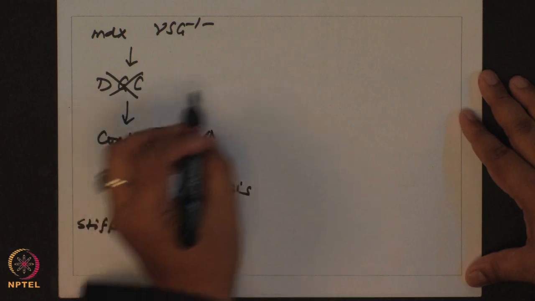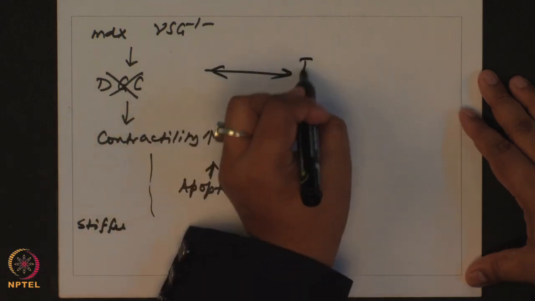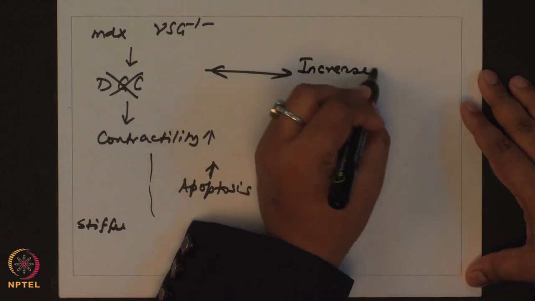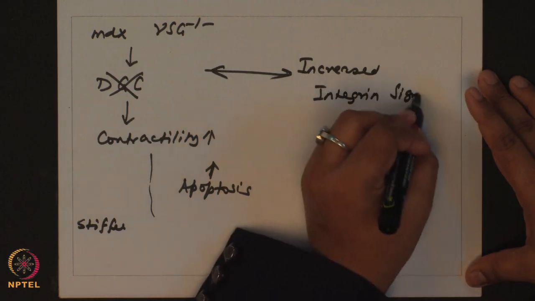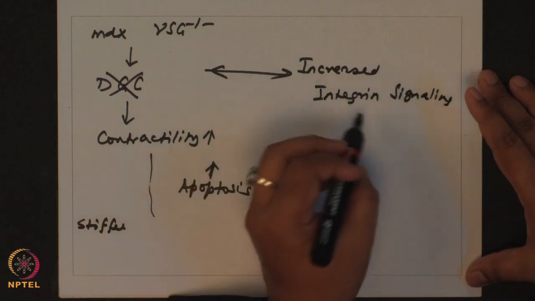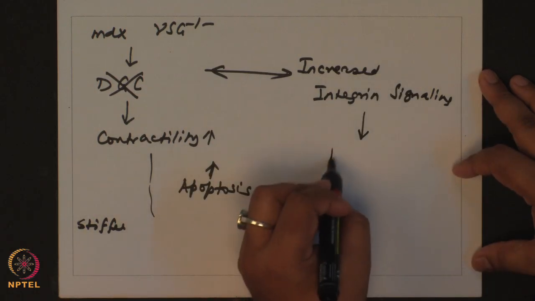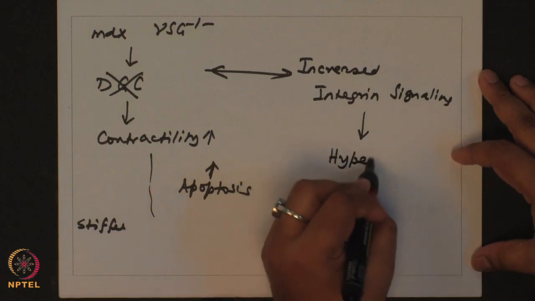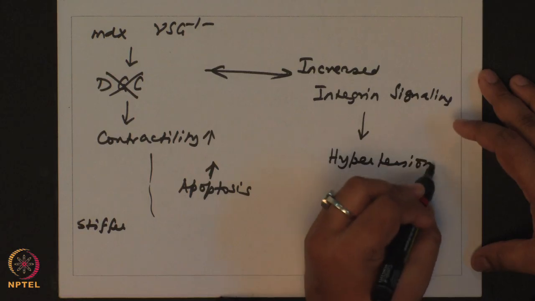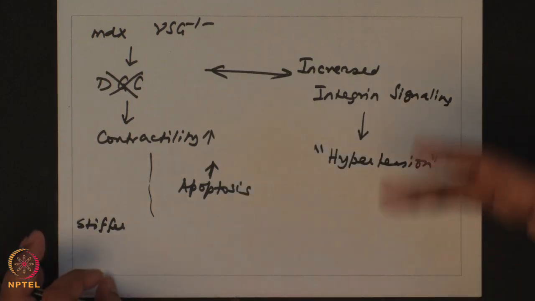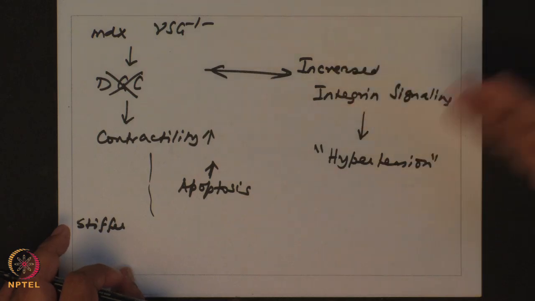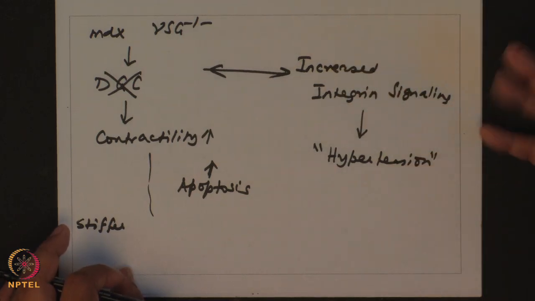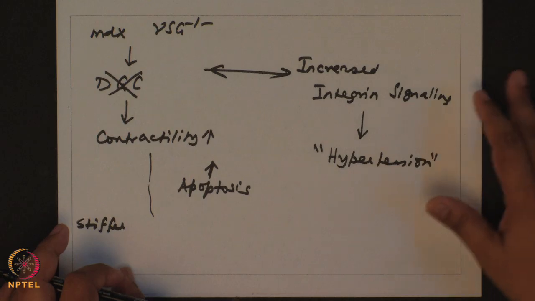So, in both these cases this is associated with increased integrin signaling. But the problem is this integrin signaling is in turn driving hypertension, promoting contractility. So, this is a problem. Though the integrins try to compensate the effect of dystroglycan by overexpressing integrins and integrin signaling, in essence it leads to hypertension.